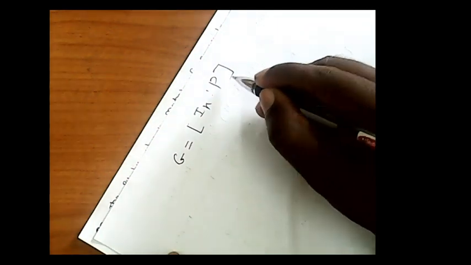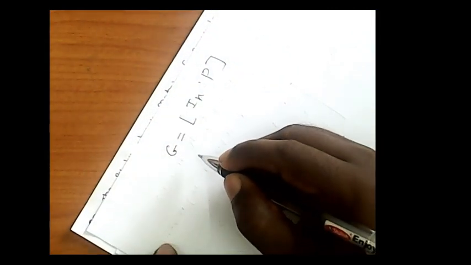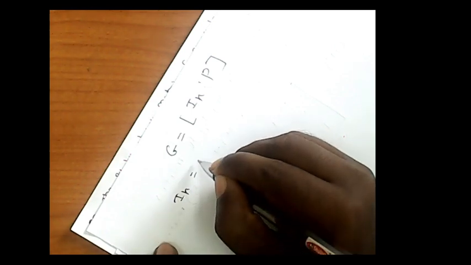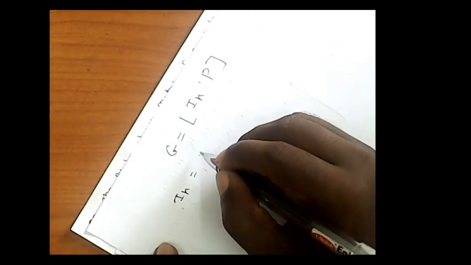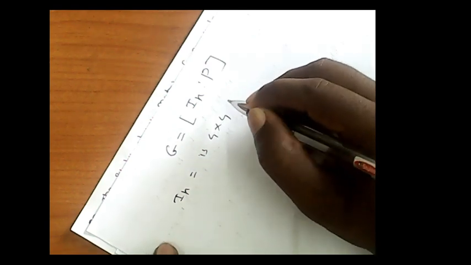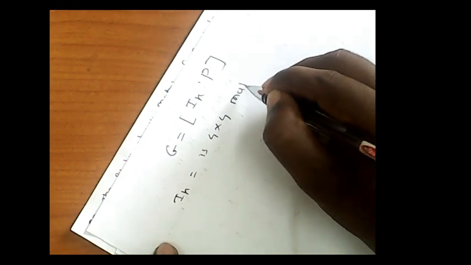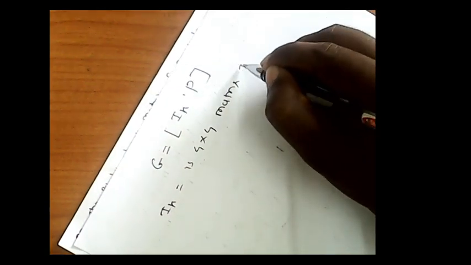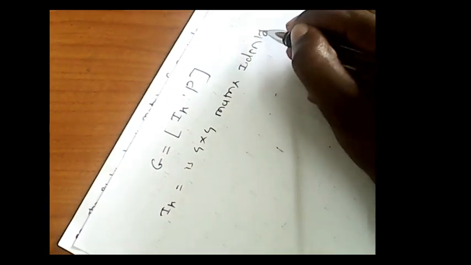The parity matrix we have already found, and Ik is a 4 by 4 identity matrix.